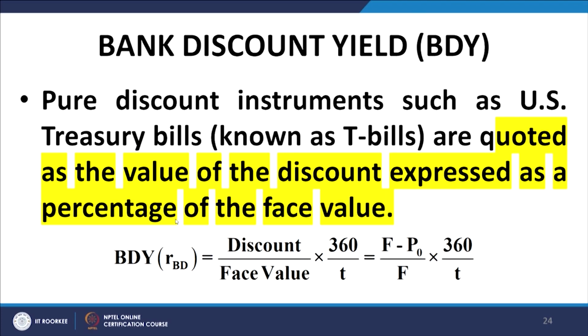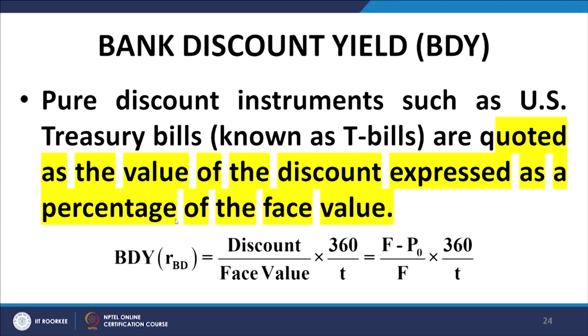The first feature is that if you look at this formula carefully, the normalization of the discount is done with respect to the face value. It is not with respect to the value of the investment. That is, it is not at the value at which you take up the instrument, it is at the value that you receive at the end of the instrument.